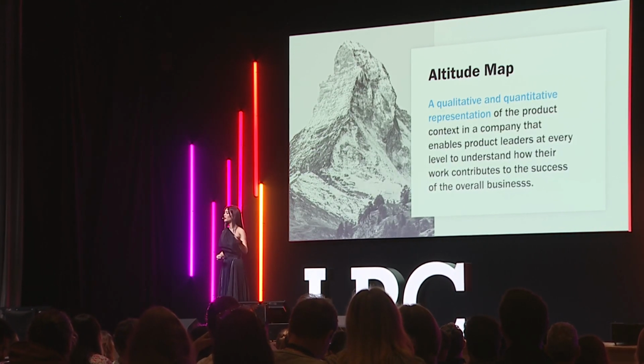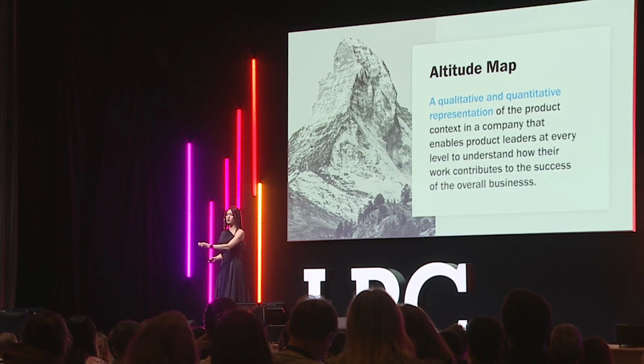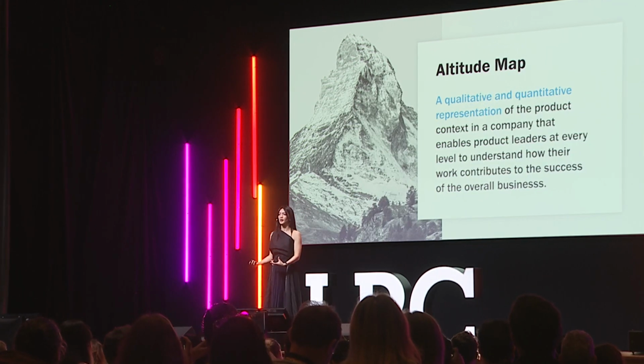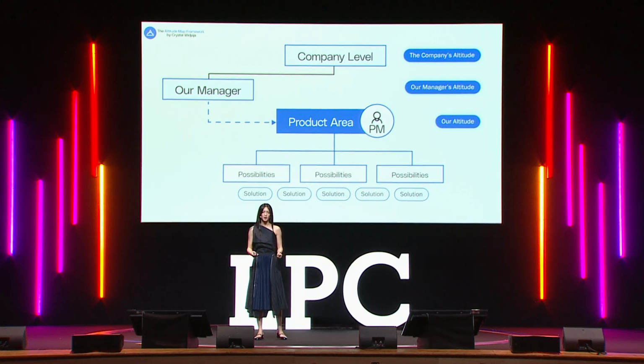It's a qualitative and quantitative representation of the different levels of work and activities that happen in a company. And it helps you visually represent what's happening in the organization. At a high level, you have the company's altitude, our manager's altitude, and then our own.